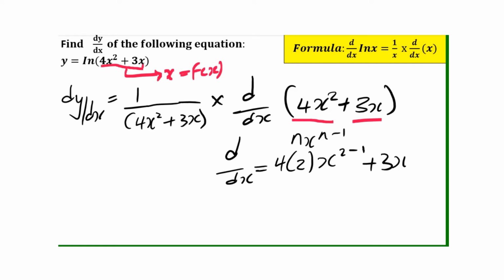Sorry, it's 3x to the power of 1 minus 1 multiplied by 1, because your n was 1 in this case. So your d over dx will be 8x plus 3, because you're gonna get a 0 for this one. This x will be raised to the power of 0, and x to the power 0, you know it's 1, so there's 1 here, so that's why I didn't write it. So your d over dx, you're gonna get 8x plus 3.